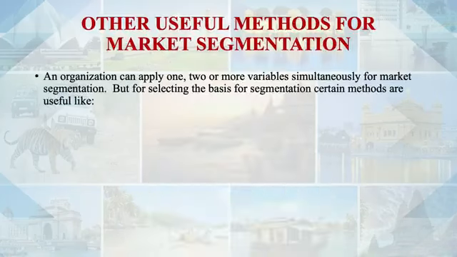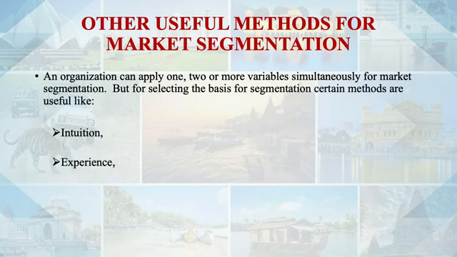Here it must be noted that an organization can apply 1, 2 or more variables simultaneously for market segmentation. But for selecting the basis for segmentation, certain methods are useful, like intuition. This is the gut feeling which every one of us has. Then experience also counts. Market research.